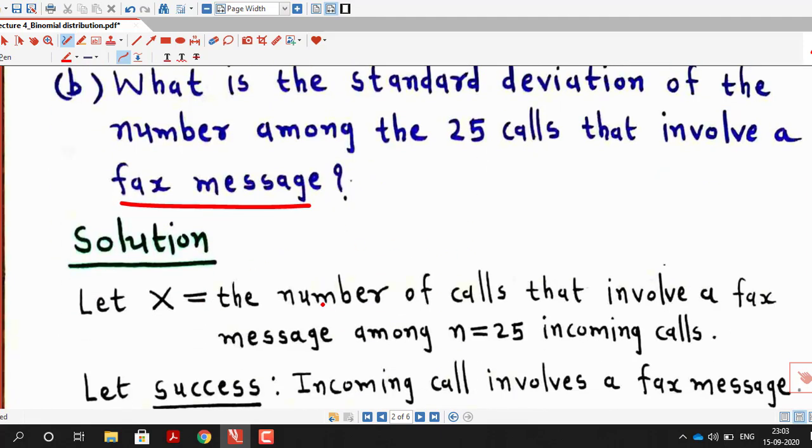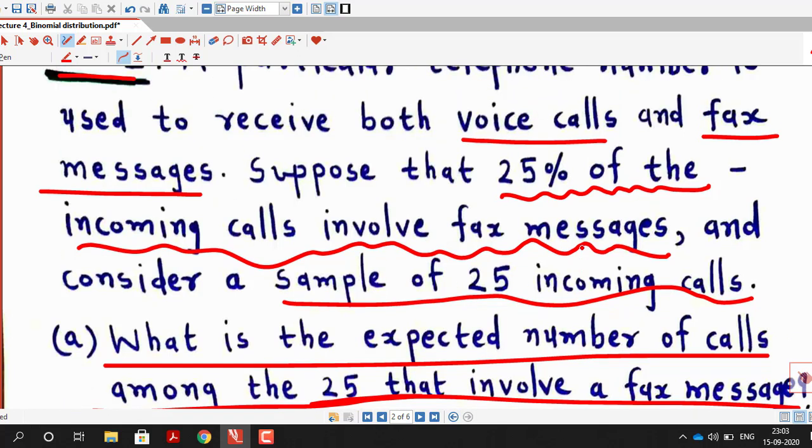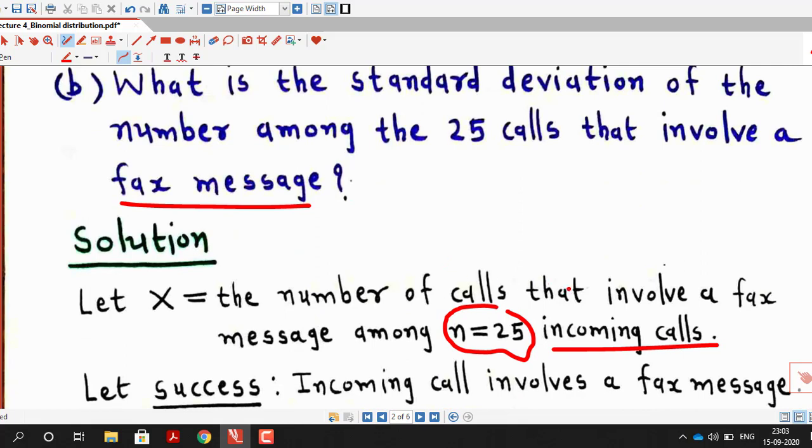So capital X equals the number of incoming calls that involve a fax message among n equal to 25 incoming calls. The number of trials is n equal to 25 because we have a sample of 25 incoming calls. For each incoming call there are only two possibilities: either it is a voice call or it involves a fax message, and we define X as the number of calls that involve a fax message.